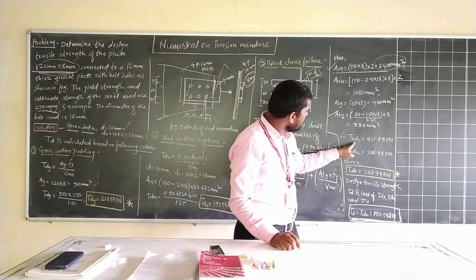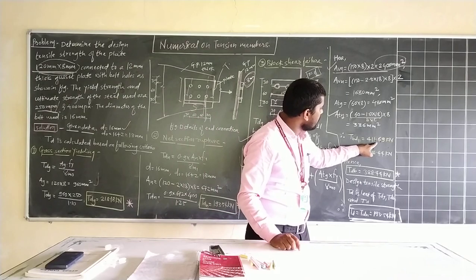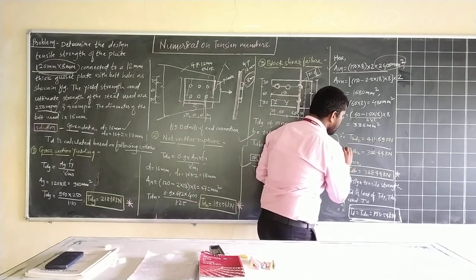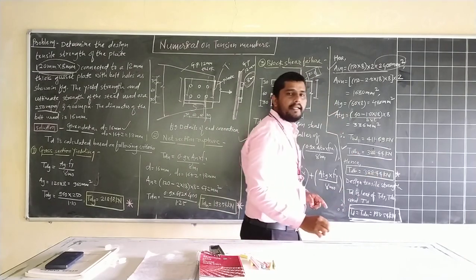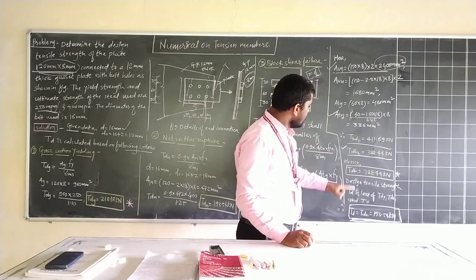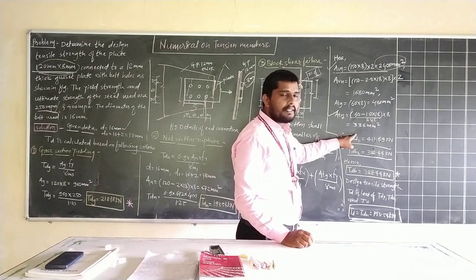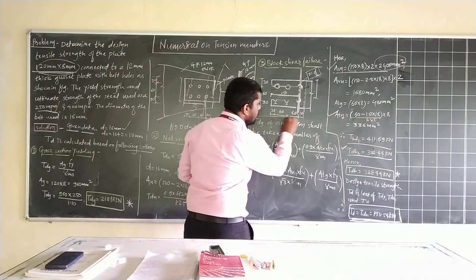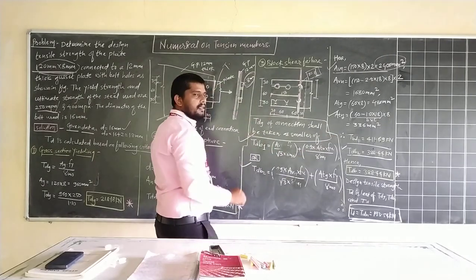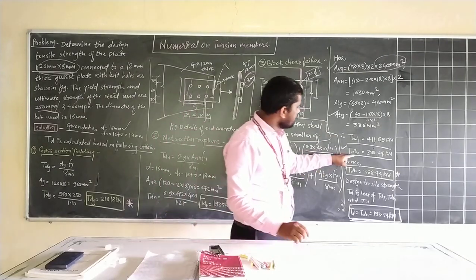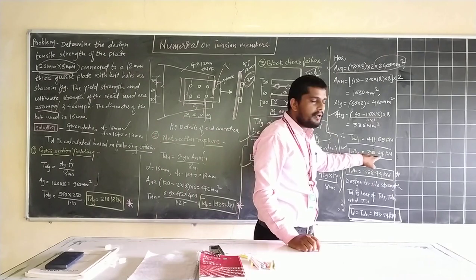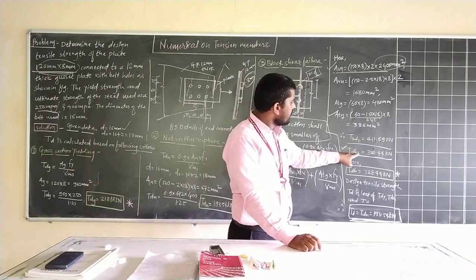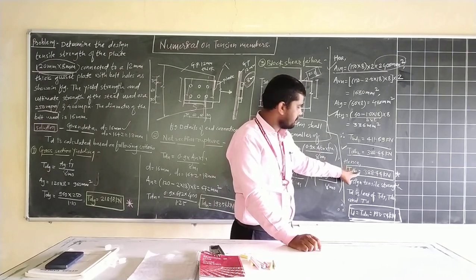The value of TdB1 is 411.69 kilonewton, and TdB2 is 388.44 kilonewton. After determining TdB1 and TdB2, we consider the TdB value as the smaller of TdB1 or TdB2. Here 388.44 kilonewton is the TdB value, that is TdB2.